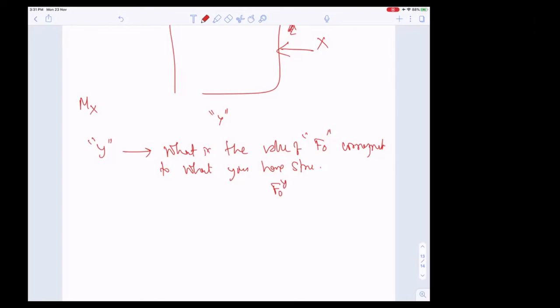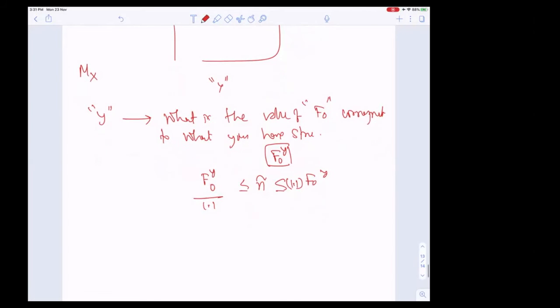So then this is going to be an exact value, suppose. Then what you are going to store is, I don't know, f0y divided by 1.1 less than or equal to, okay, this is what you're going to get.